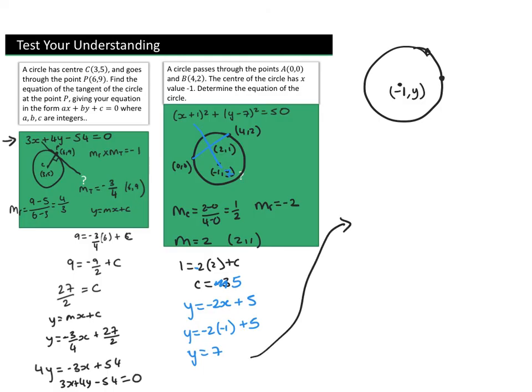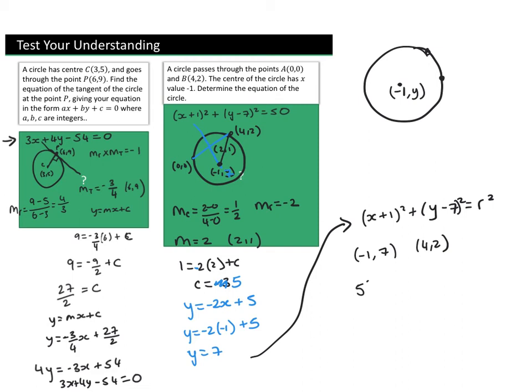So then what we have is y = 7, so we know we're going to have (x + 1)² + (y - 7)² = our radius squared. So to find our radius, we can use our centre point and any point. I'm going to choose (-1, 7) and (4, 2).